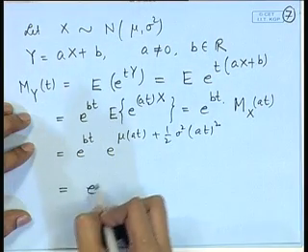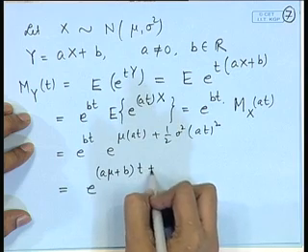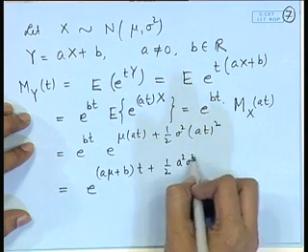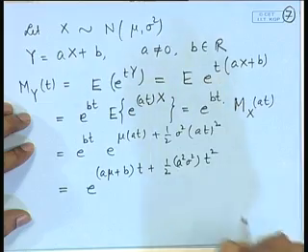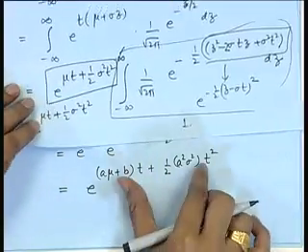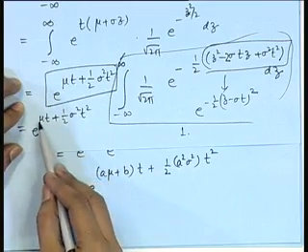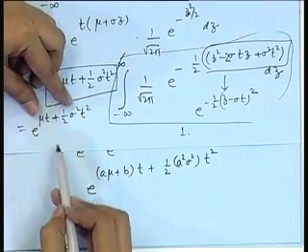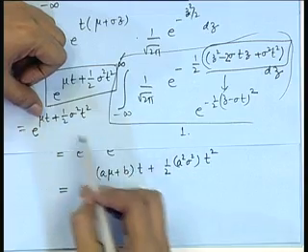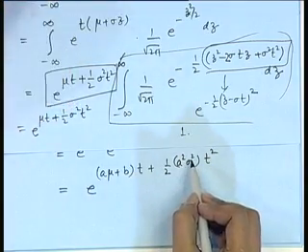So, we can adjust the terms: (a mu plus b) t plus half a square sigma square t square. If we compare this term with the moment generating function of a normal distribution with parameters mu and sigma square, then we observe here that mu is replaced by a mu plus b and sigma square is replaced by a square sigma square.